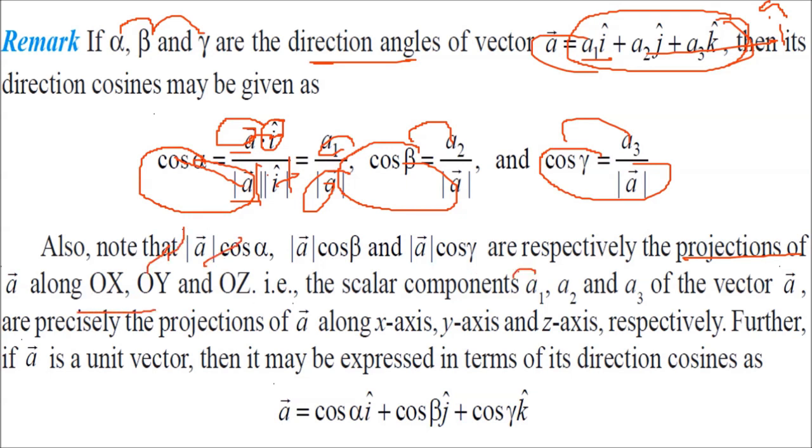And these scalar components, A1, A2, A3, are the scalar components of the vector A, right? So these are just the projections and the values along the axes. If A is a unit vector, then you can express it in terms of direction cosines simply: A is cos alpha I plus cos beta J plus cos gamma K.